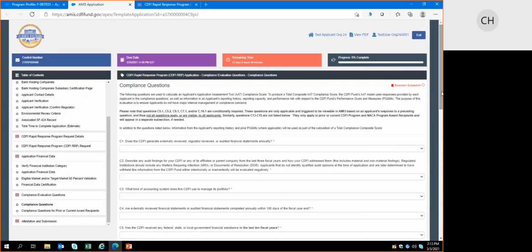And this will be used to calculate your compliance evaluation risk score, which is outlined in the CDFI RRP evaluation process document. So again, this is a very straightforward application, should look very familiar to you.